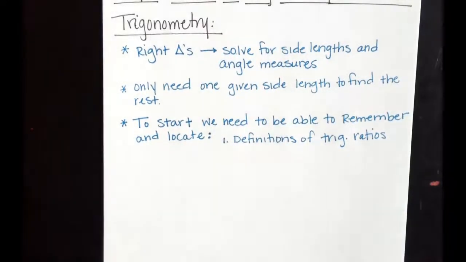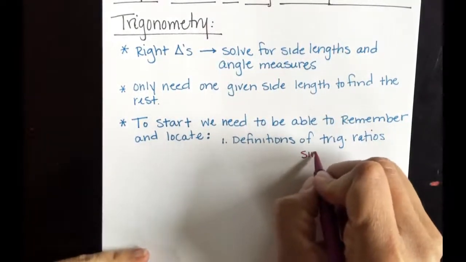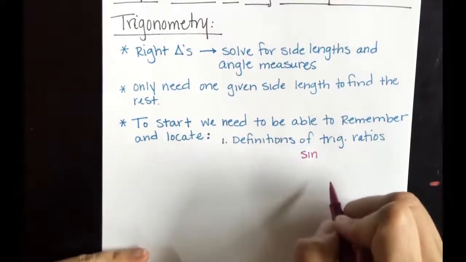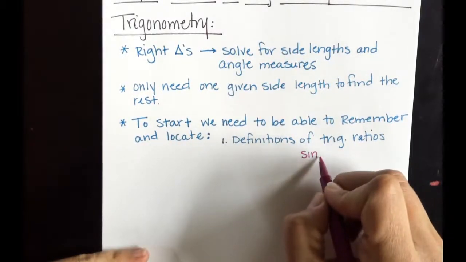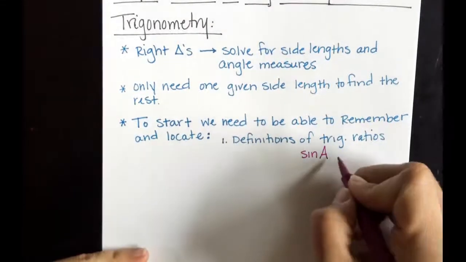I'm not going to just leave it at this, but I am going to write them down very quickly here. Our first one is called sine, even though it looks like sin, it's an abbreviation of some angle. So we're actually going to just call it angle A. Notice it's a capital letter.